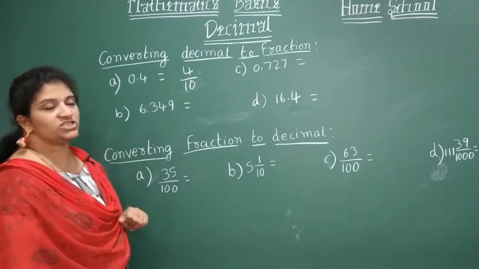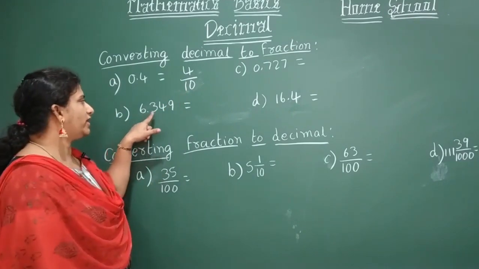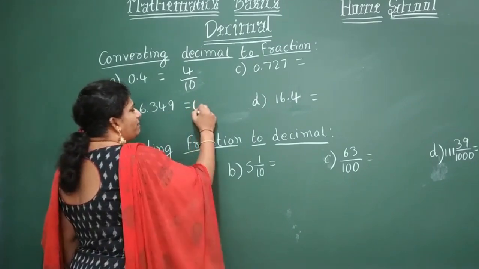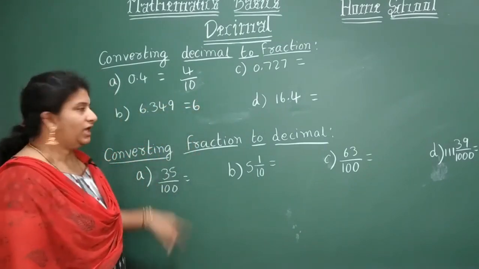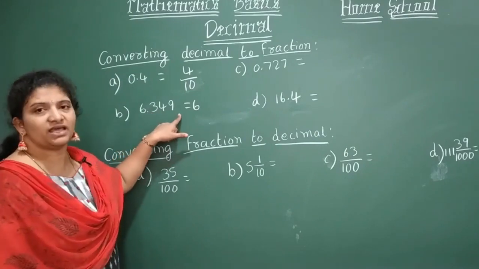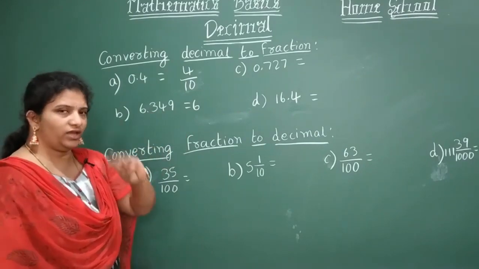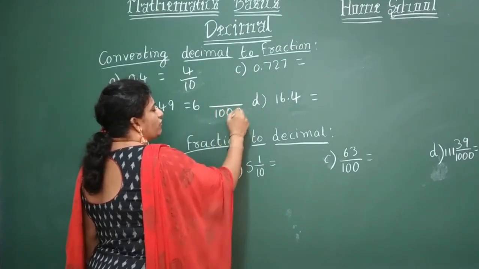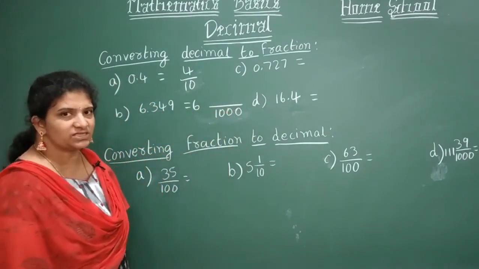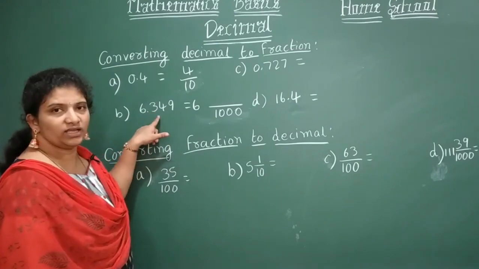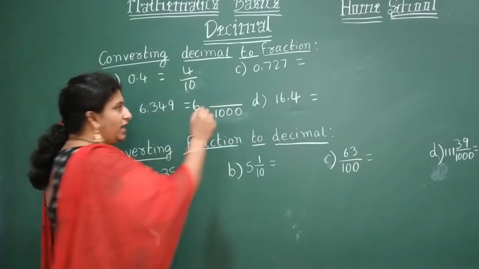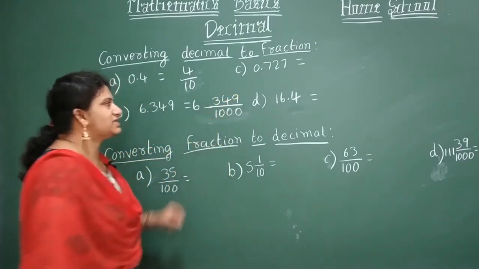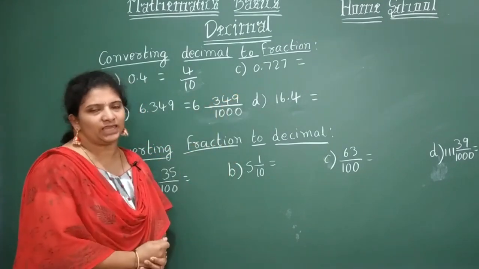See the second one, children. 6.349. Right? Write the whole number part first. Okay. Now how many decimals are there after the decimal point? 3. So now 3 zeros followed by 1. That makes 1000. What decimal digits do you have? Write those. 3, 4, 9. 6 and 349 by 1000.